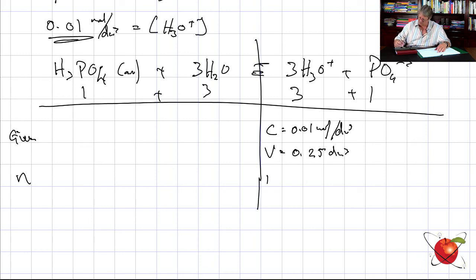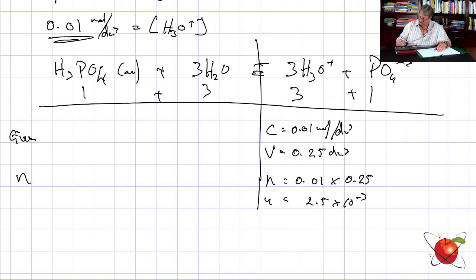Therefore, number of moles equals concentration, 0.01, times 0.25, which is 2.5 times 10 to the minus 3. That's the number of moles.